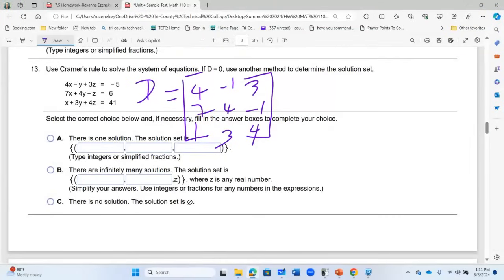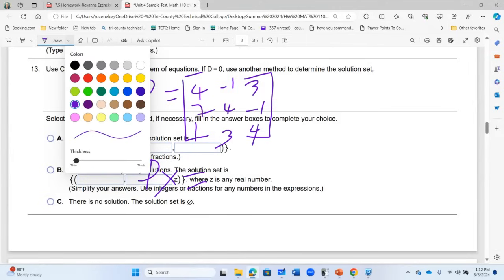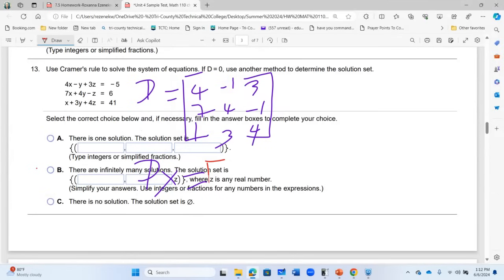Then you find Dx. And Dx does not contain the coefficients of x, so you've got to be careful. The first column will be the constants, negative 5, 6, 41.